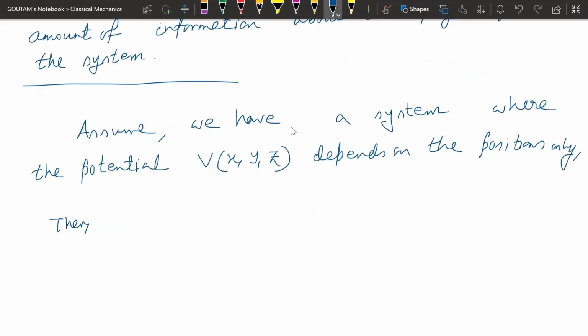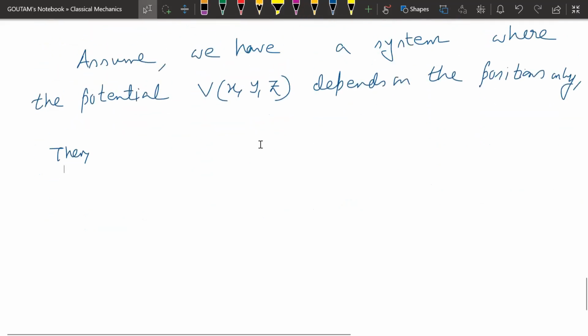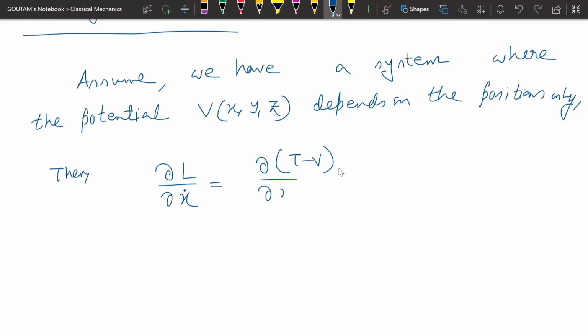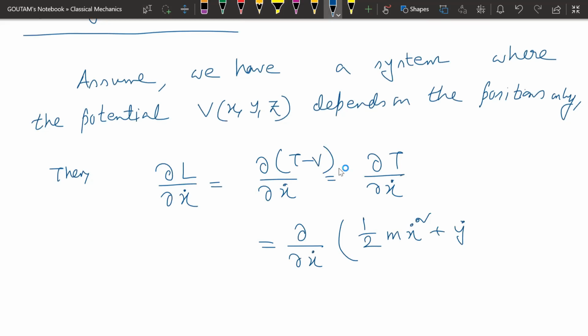Then if we calculate del L del x dot, it will be del (T minus V) del x dot, and it will be del T del x dot. And we know that T is half m (x dot square plus y dot square plus z dot square), right?